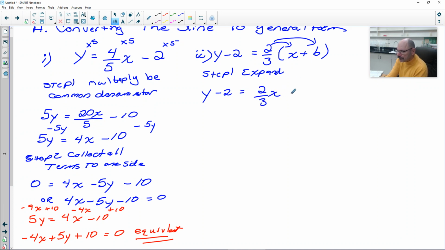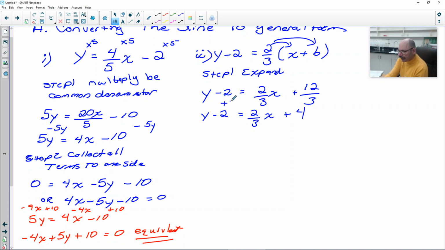2 times 6 divided by 3. 2 times 6 is 12. Okay, and then I can simplify that. And then I would simplify this.